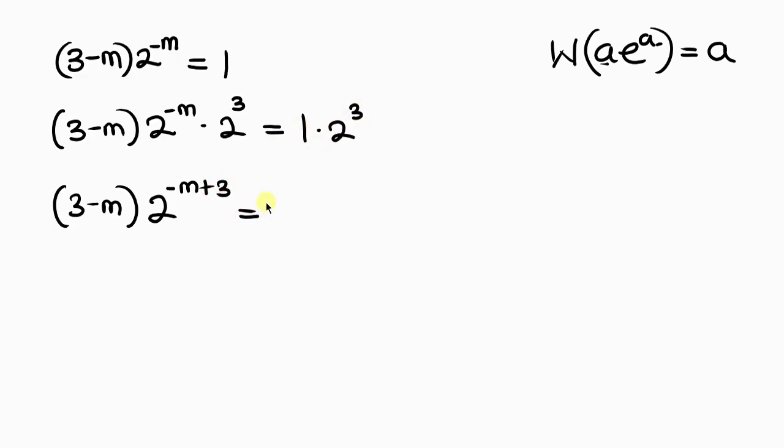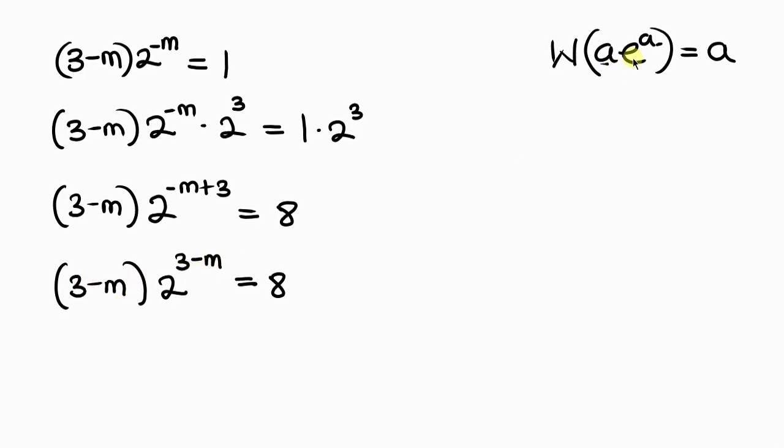So 8 times 1 is 8. Now let me rearrange this so that it looks exactly like this. So we have 3 minus m times 2 to the, I'll write this 3 first, then write minus m, and this is equal to 8. Good. Now we see that this term here and the exponent are now the same.